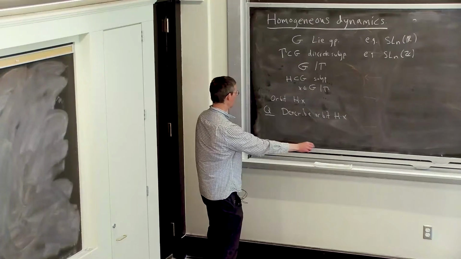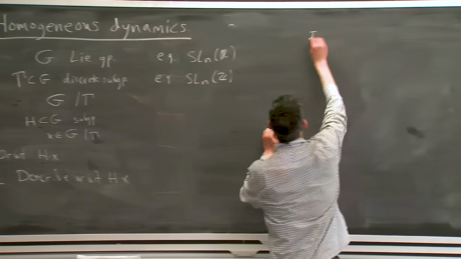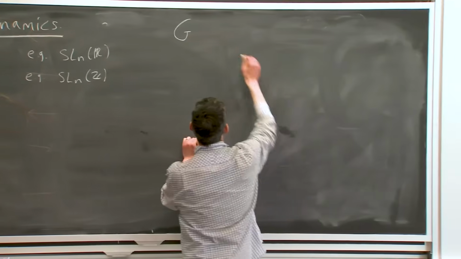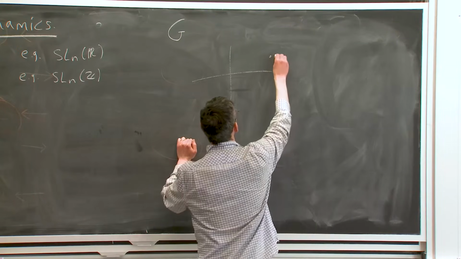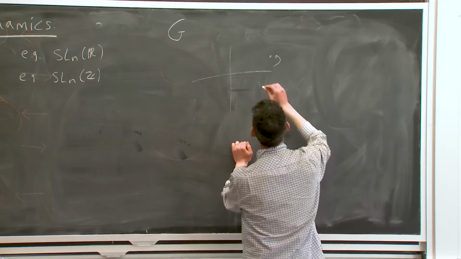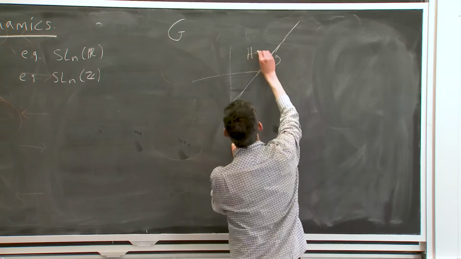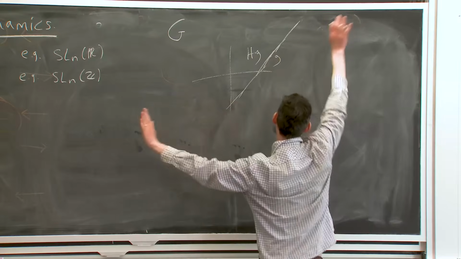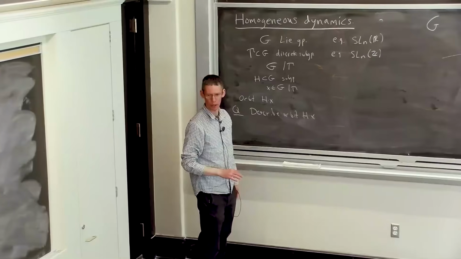OK, so let's make a picture. So in the actual Lie group G, there might be some group element. And then you could take a coset, H dot g, and that H might be non-compact, so that might go on forever. But somehow it's not that complicated.